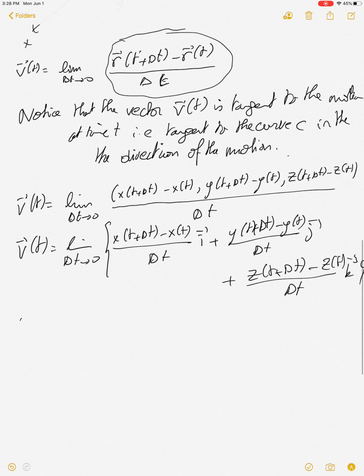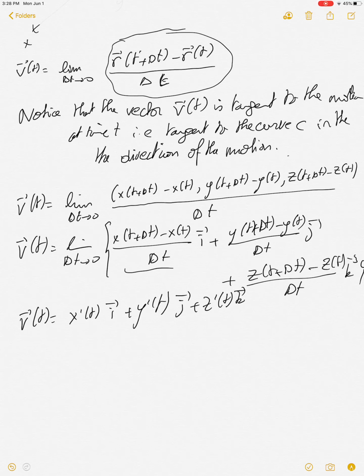This is the definition of the derivative, which is nothing but x prime of t i plus y prime of t j plus z prime of t k, provided x, y, z are differentiable. So the coordinates of the motion should change in a differentiable way. And this is how I get v of t.